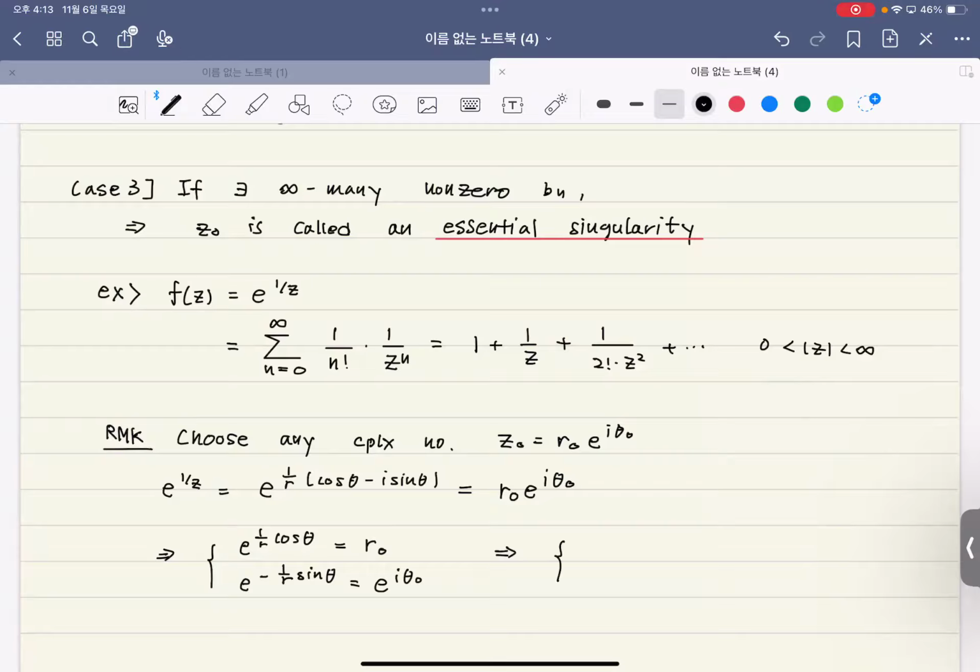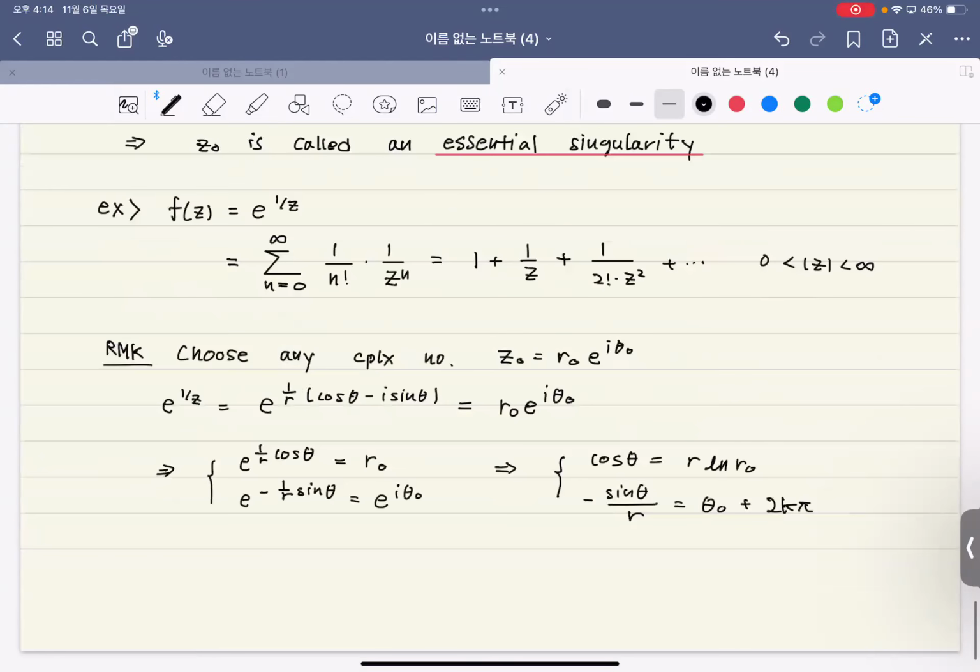So cosine theta is r times ln of r0, and minus sine theta over r is theta 0 plus some integer multiple of 2 pi. Okay, sorry, let me change my expression a little bit. This is sine theta, and this is minus r times theta 0 plus 2k pi.